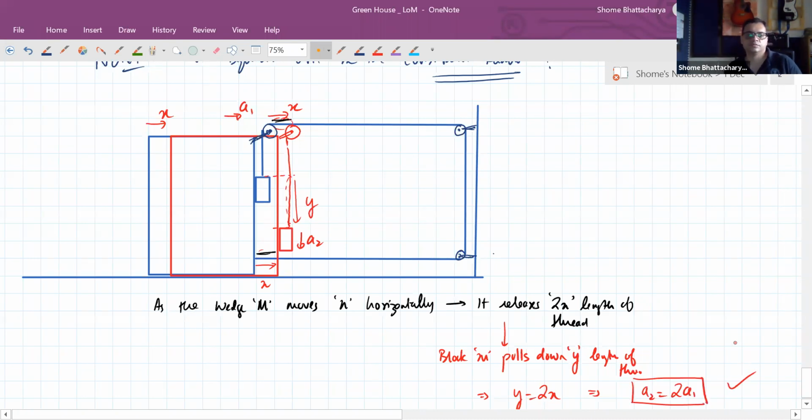This is the constraint relation. Okay, so a2 is equal to twice of a1. That is the constraint relation.